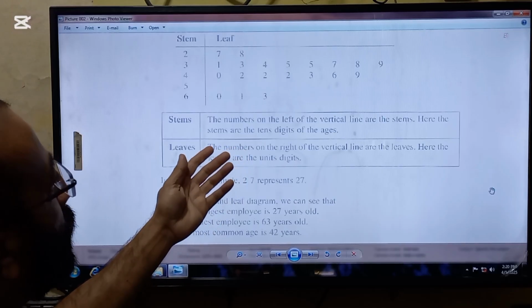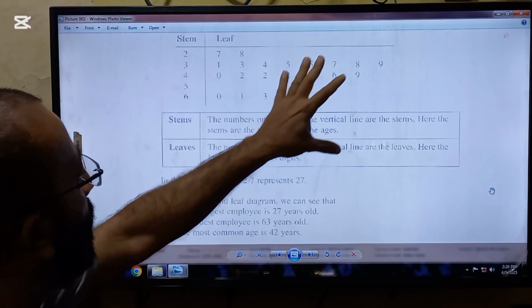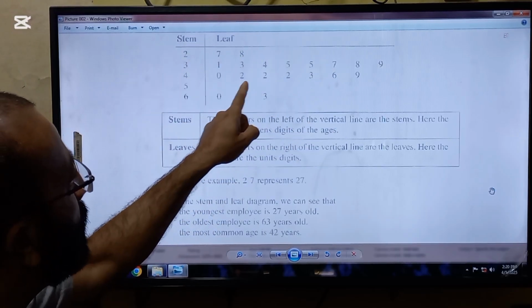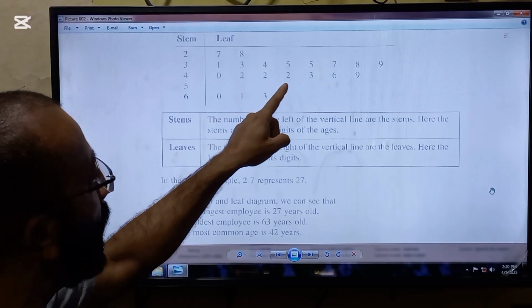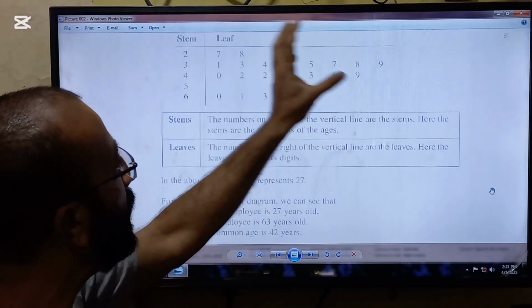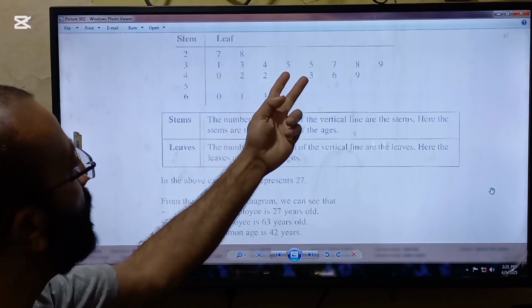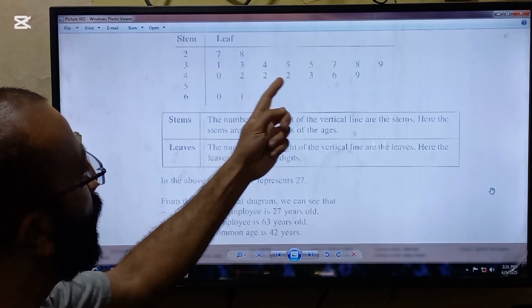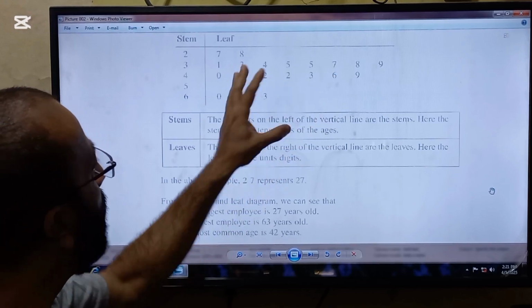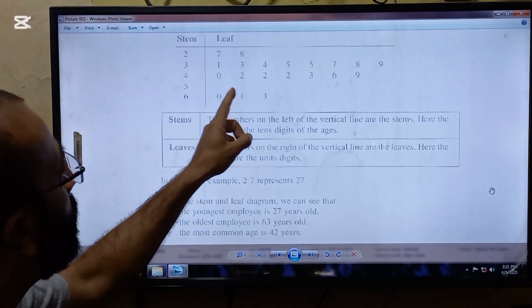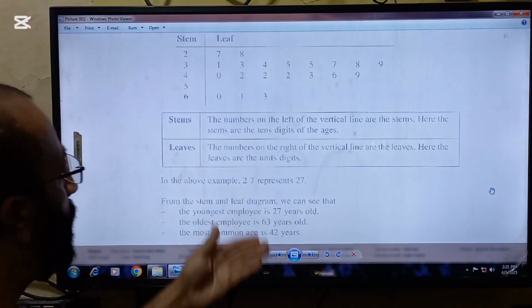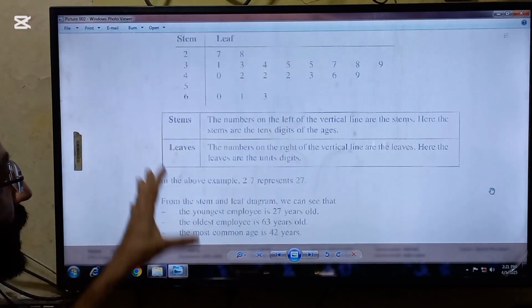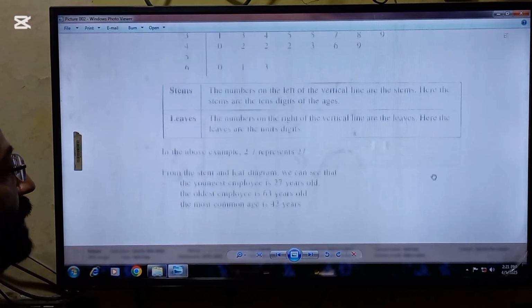If you look clearly at the diagram, this 2 is coming 3 times, which is the maximum compared to the other values, because 5 is coming 2 times, 4 is coming 1 time, 7 is coming 1 time, like this. So 42, because this is 42, this is 42 and this is 42, so 42 is the most common age we can read from the stem and leaf diagram.